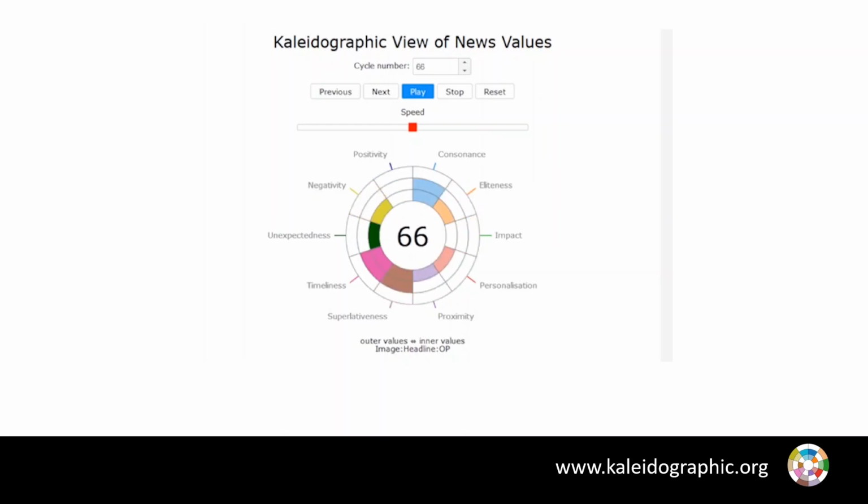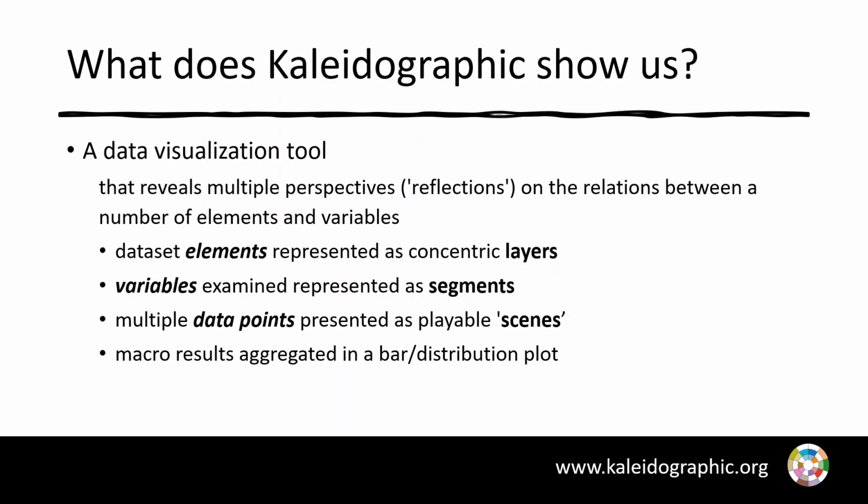Now, I'm just going to take a step back here and talk you through exactly what is going on in this visualization in relation to this particular analysis of news values.